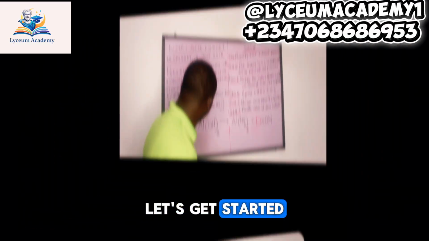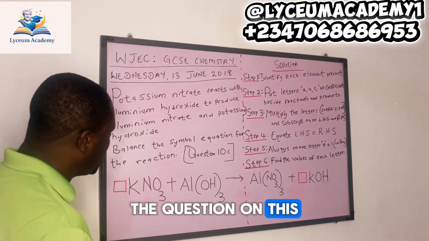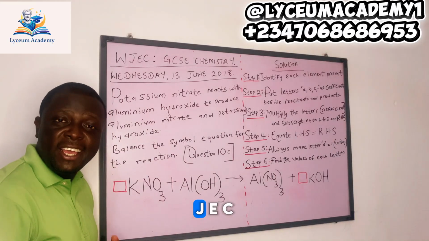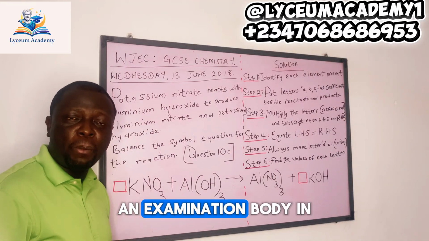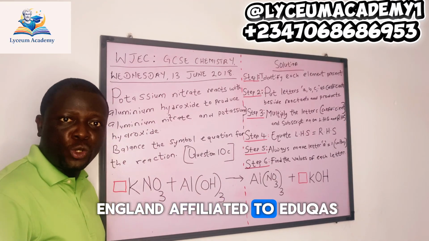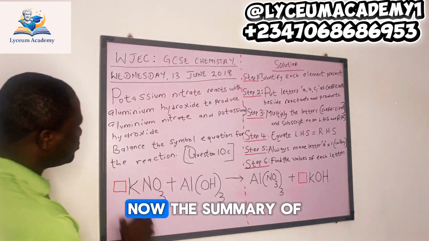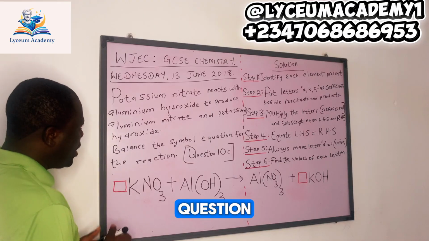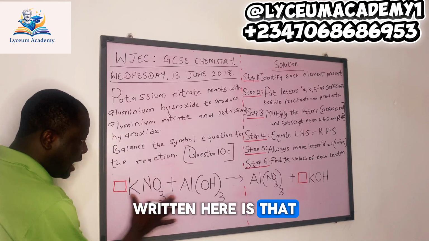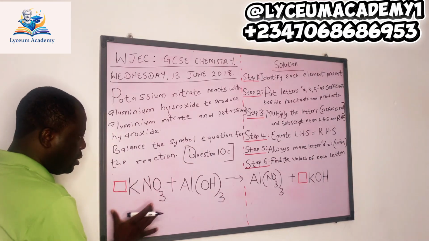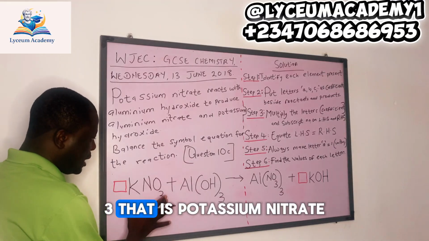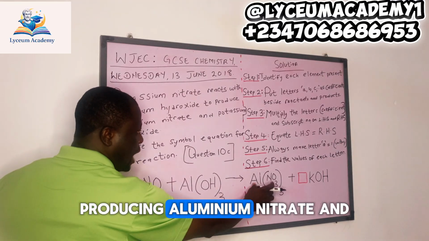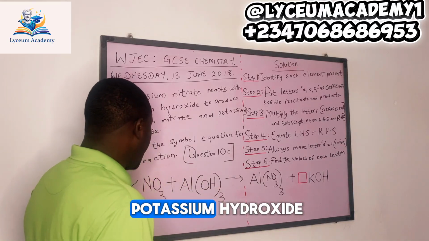Let's get started. The question on this board is from GCSE chemistry organized by WAEC, an examination body affiliated to Educas. The summary of the whole question is that we are to balance this equation: KNO3, that is potassium nitrate, plus aluminium hydroxide, producing aluminium nitrate and potassium hydroxide.